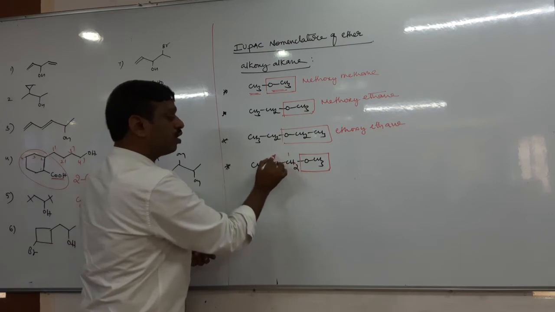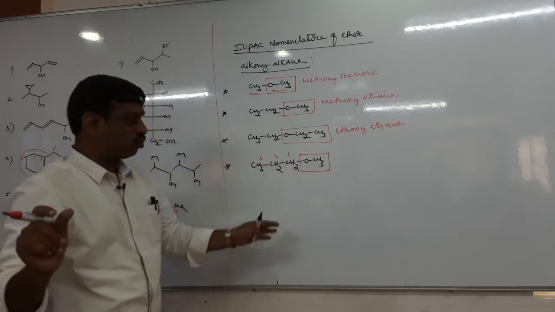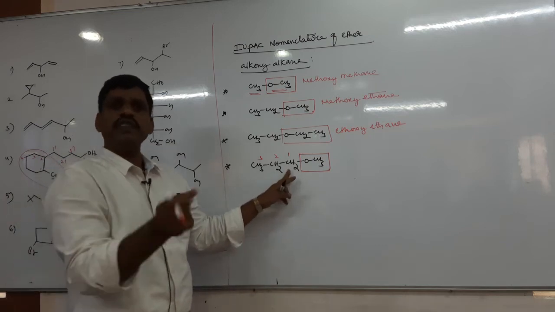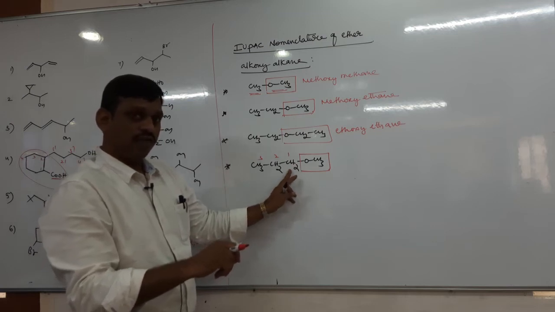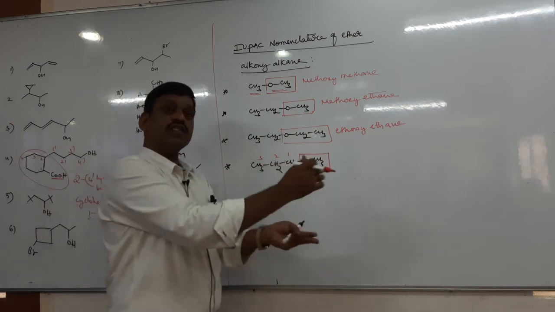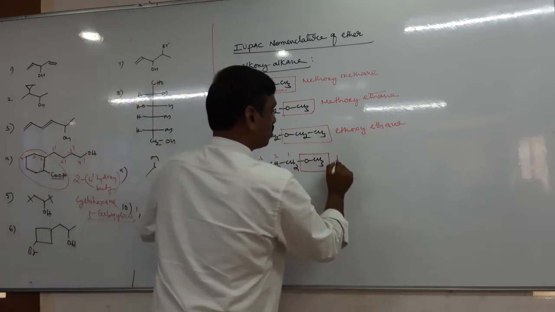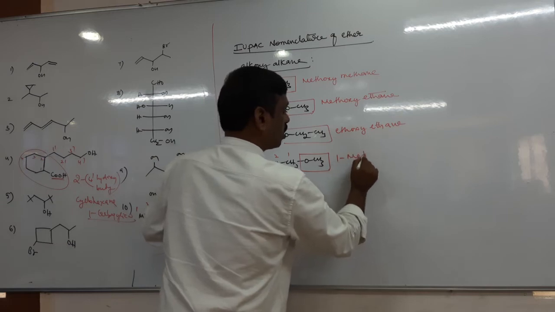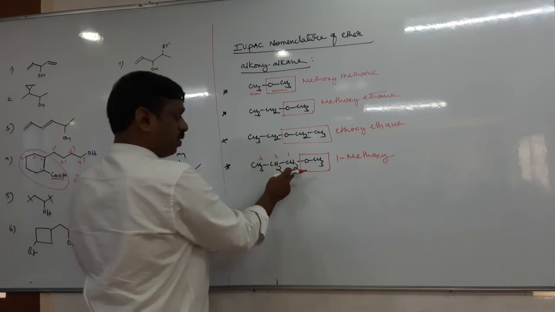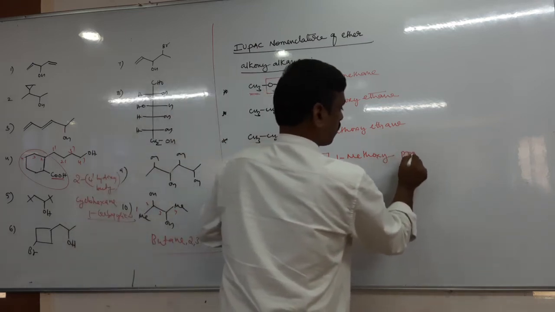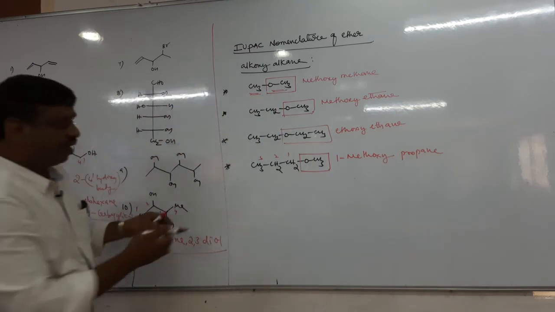Then give the numbering 1, 2, 3. That means the carbon where the alkoxy is present should be taken as 1, though not always. So this alkoxy is one substituent. Which alkoxy is it? 1 methoxy, yes or no? 1 methoxy propane, right?